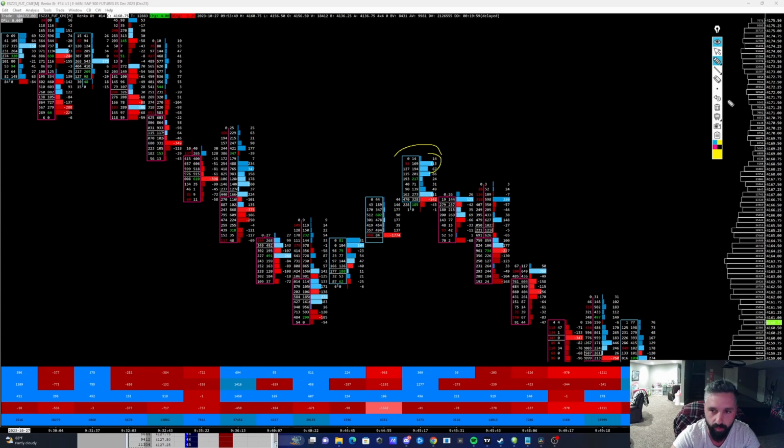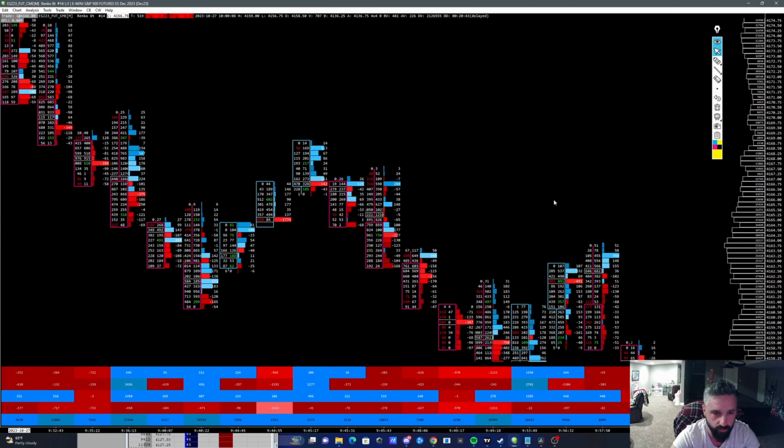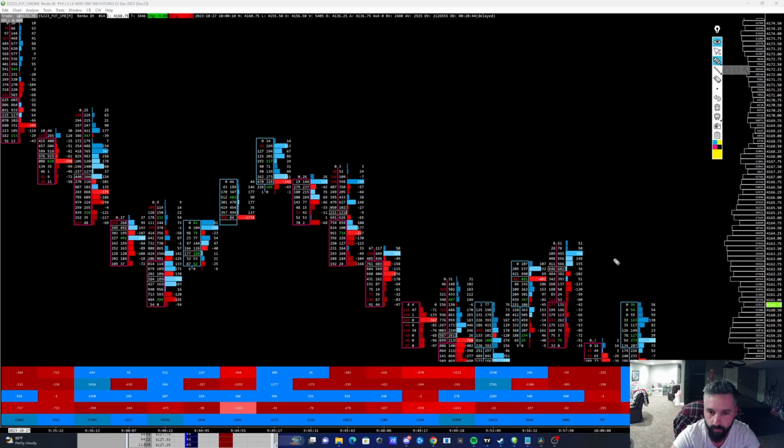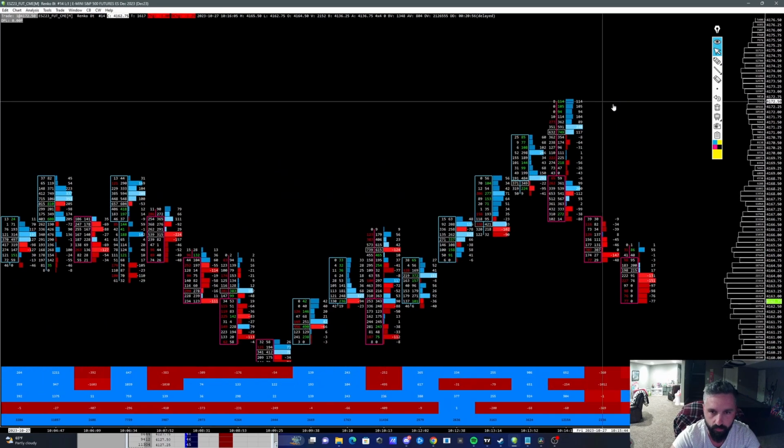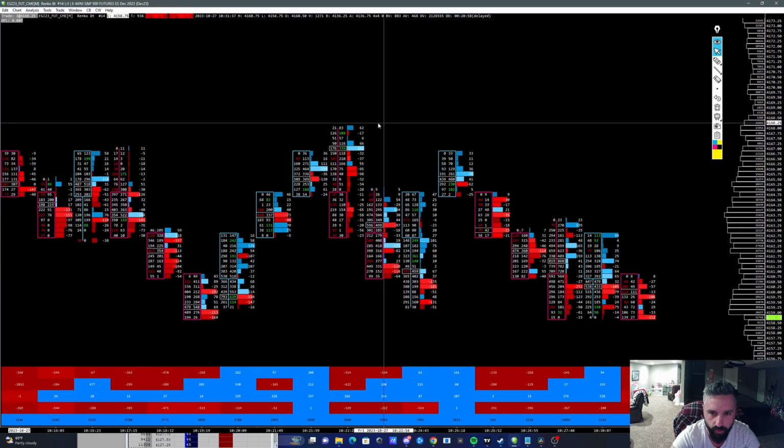What is a better example of a finished high? In this area, if you look at the top 3 ticks, you see how buyers are failing to accept price higher. We'll go to another one.